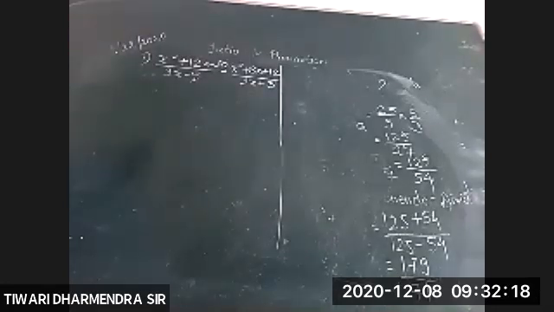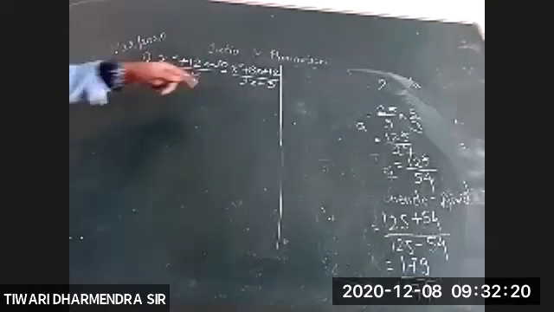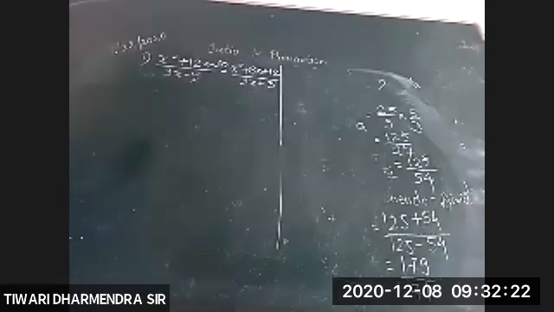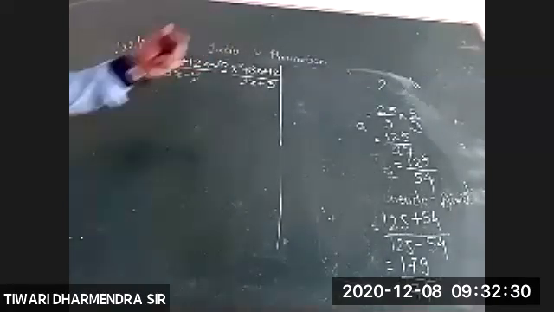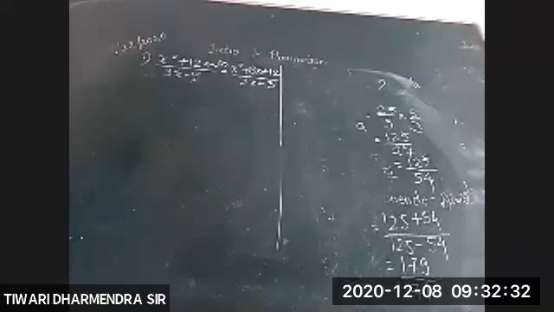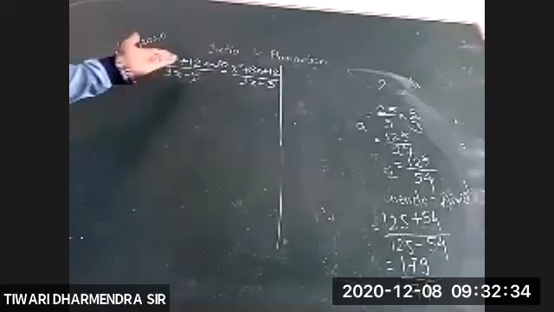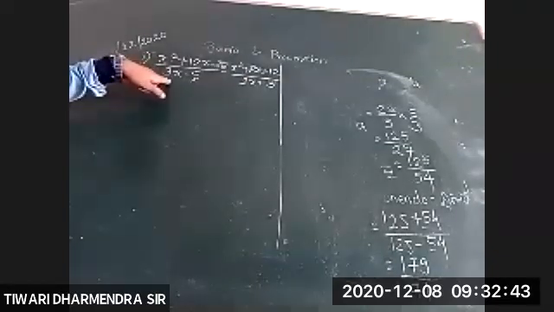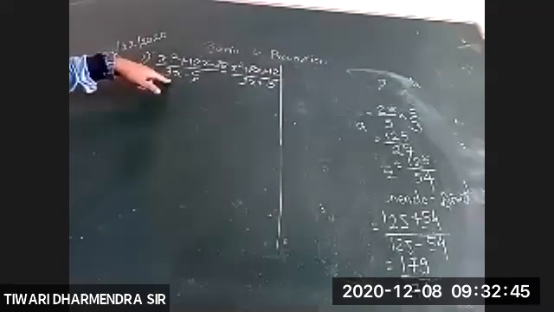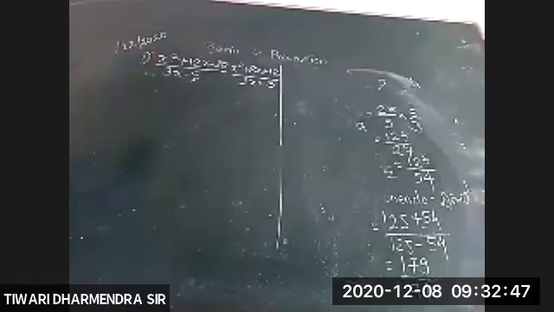As we can see, the term present in the denominator is 3x minus 5. Can we have the term which is present in the numerator, that is 12x minus 20, in the denominator? Yes, why not? If we multiply the denominator by 4, we get 12x minus 20.